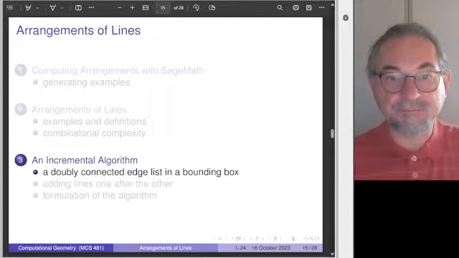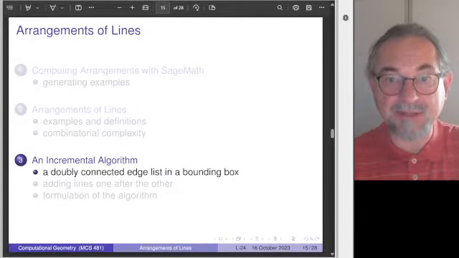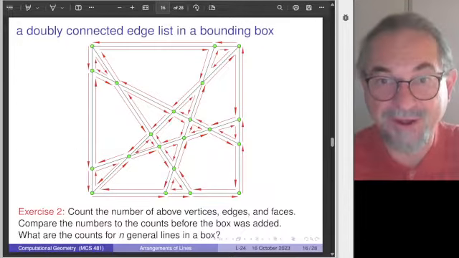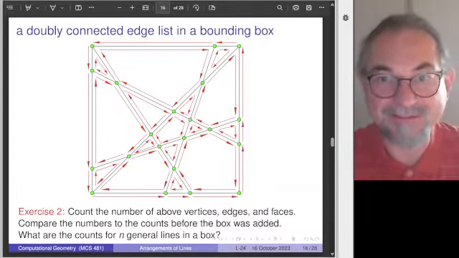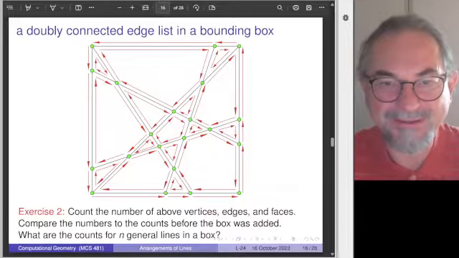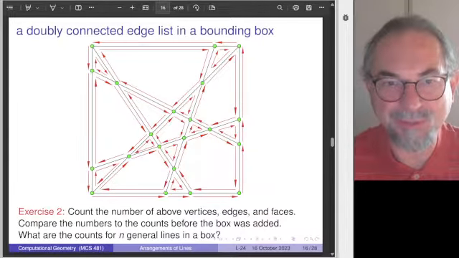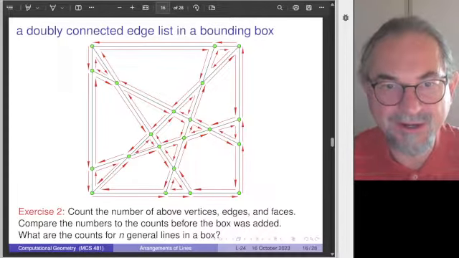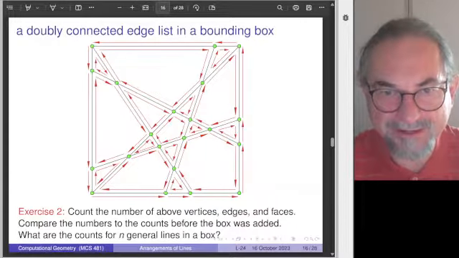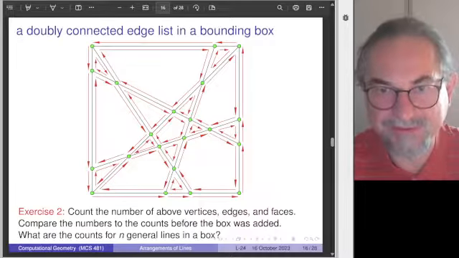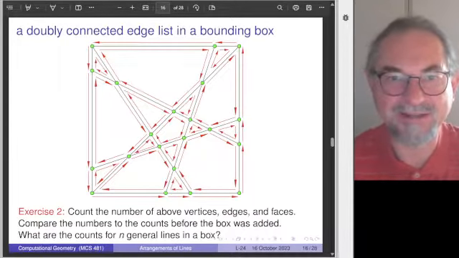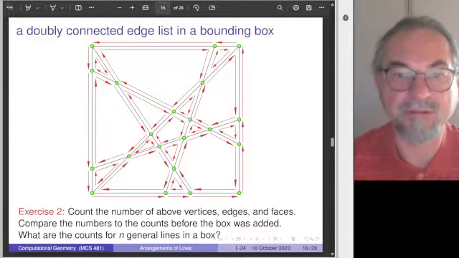Okay, let's think about algorithms now. Here are the 5 lines again, but somehow you don't recognize them anymore. Let me point them out. We have one line here, one line there, one line here, and one line there, and then we have this line. So you can see that there are still 5 lines, and there are 4 extra lines added with the bounding box.